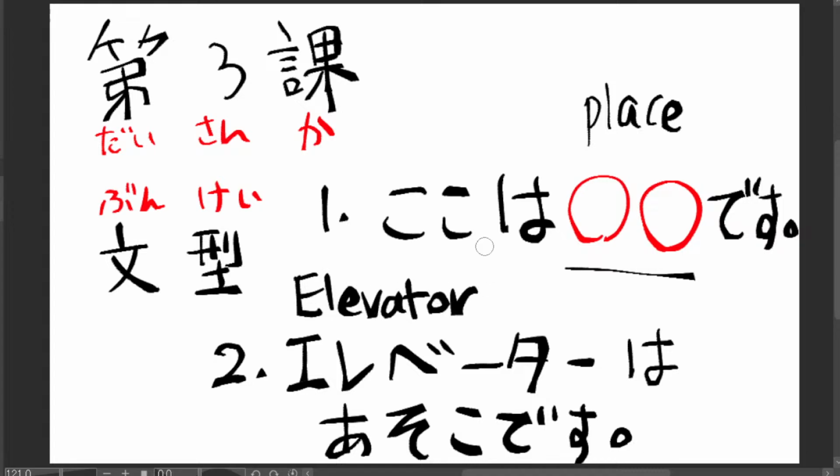In Japanese, they use katakana エレベーター。エレベーターはあそこです。あそこ means there.